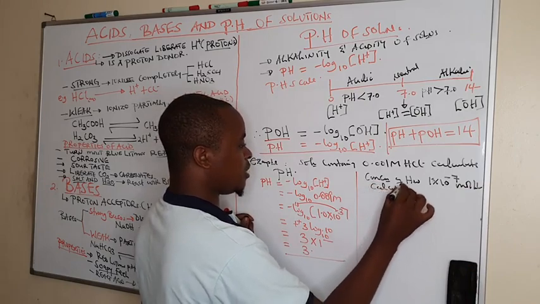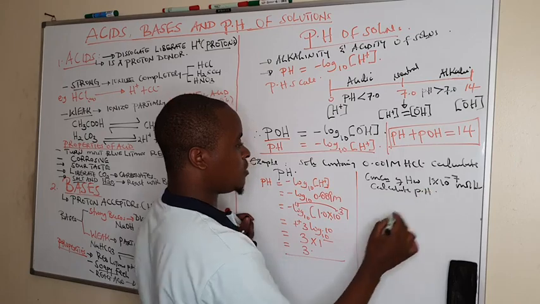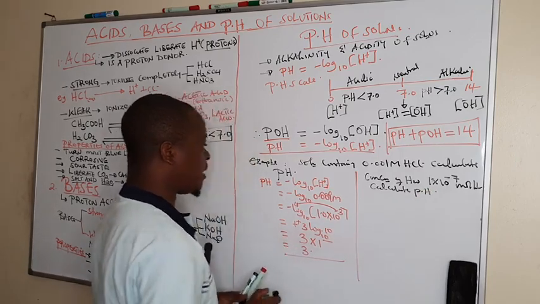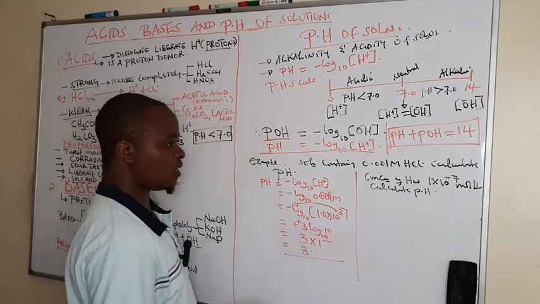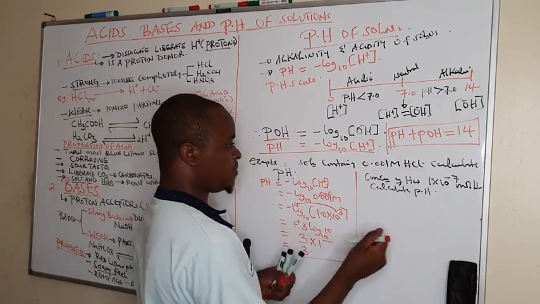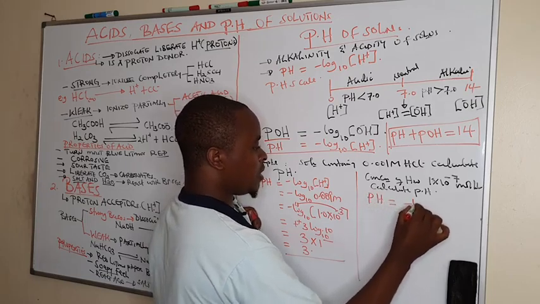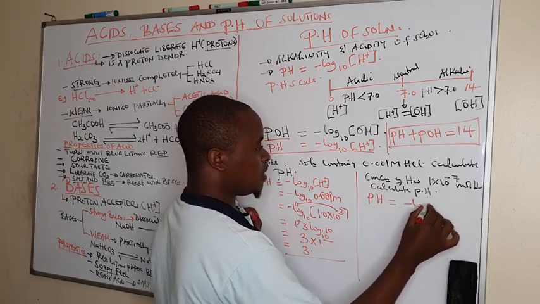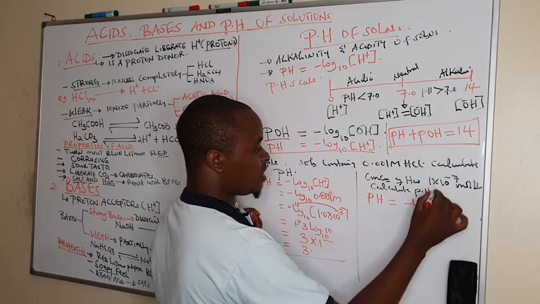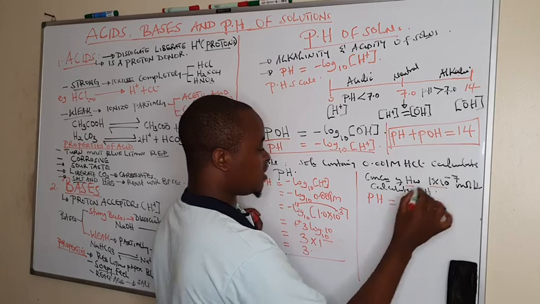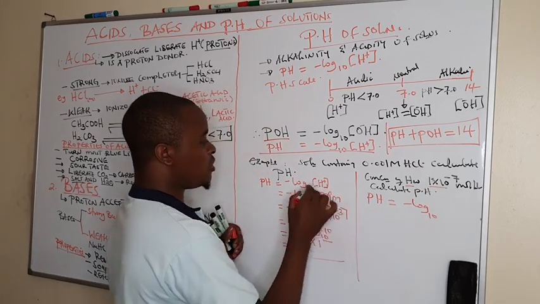Remembering that pH is equal to negative log base 10 of the concentration of hydrogen ions in water, which is this. Because why do we use hydrogen ions?